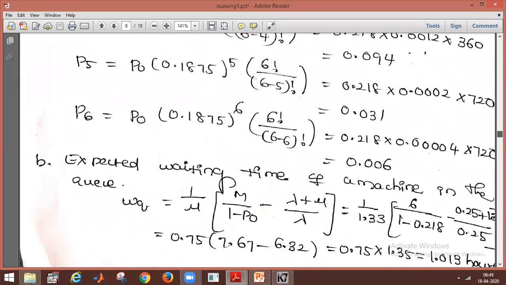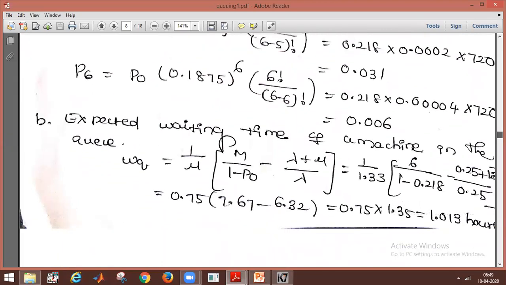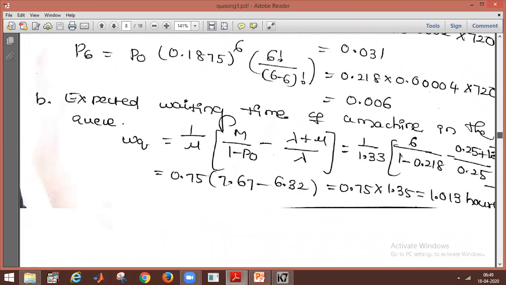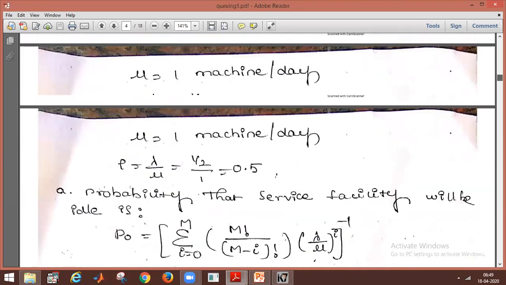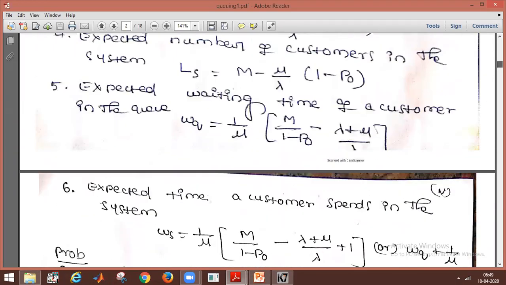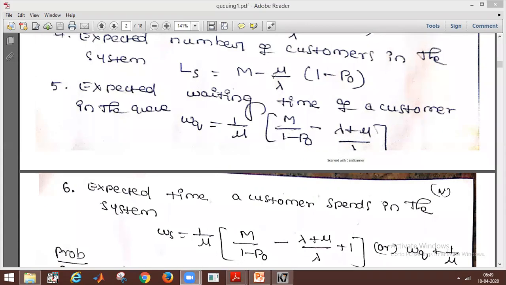Next, what is the expected waiting time of a machine? We go to the formulas. WQ is the expected waiting time. That is 1 by mu times m into m by 1 minus P naught minus lambda plus mu by lambda.